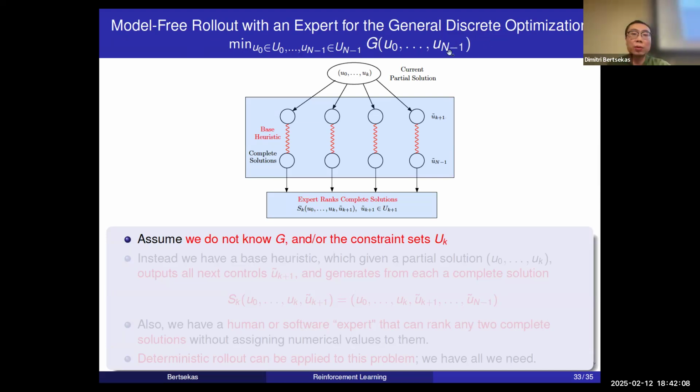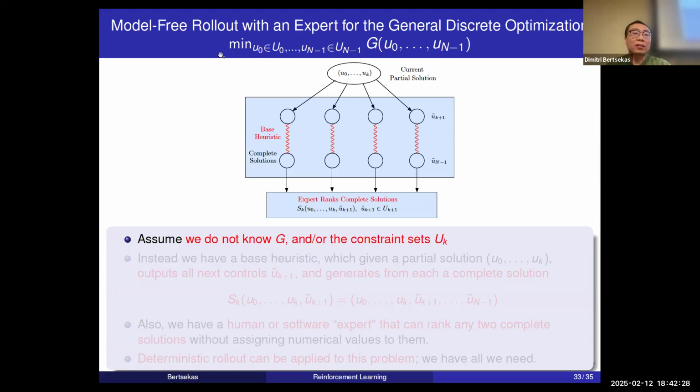We have touched upon these problems in special cases, such as the traveling salesman problem. But in the textbook, there is a general reformulation of this generic discrete optimization problem into a problem that can be tackled by dynamic programming.